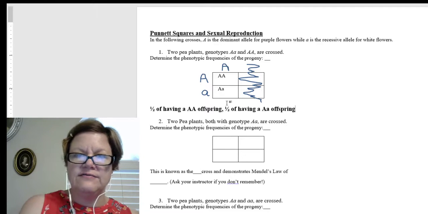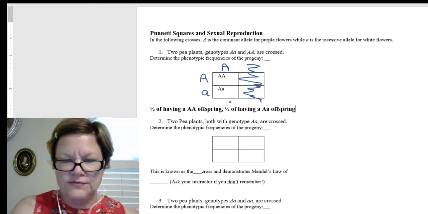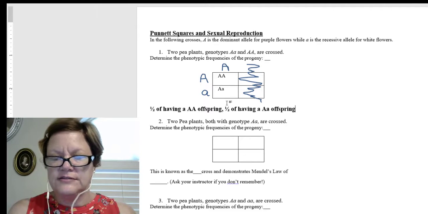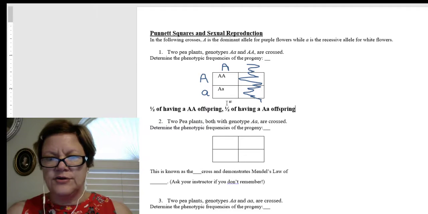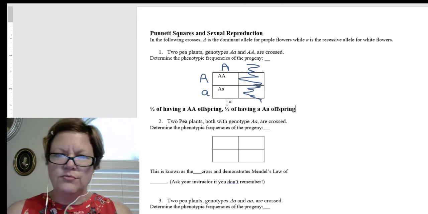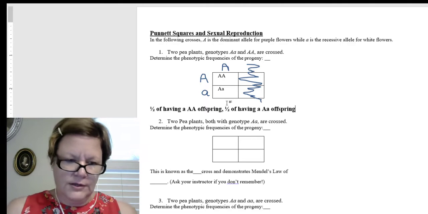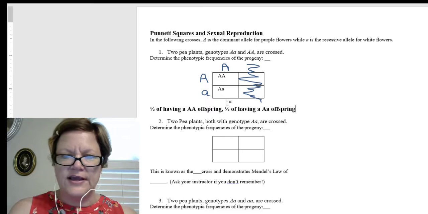What it means is that every time the mating happens, you have a 50-50 chance of getting either one of these. Only when a large amount of data is created, in other words, only if they have 1,000 offspring, then you might get data that looks very similar to 50-50, half and half.